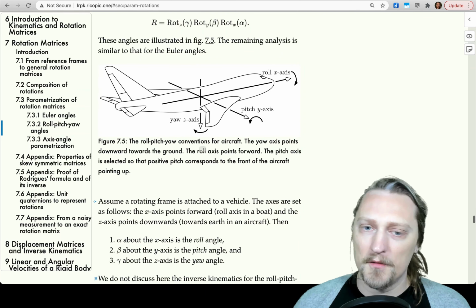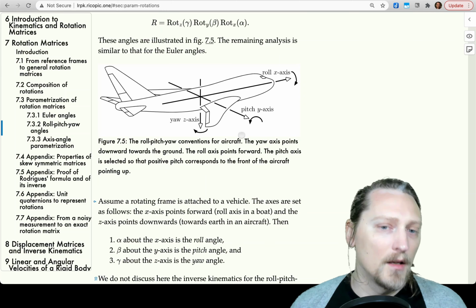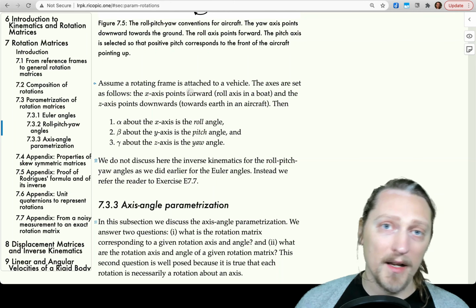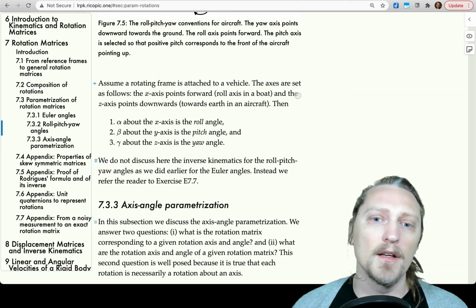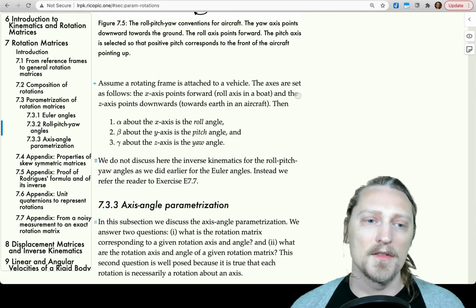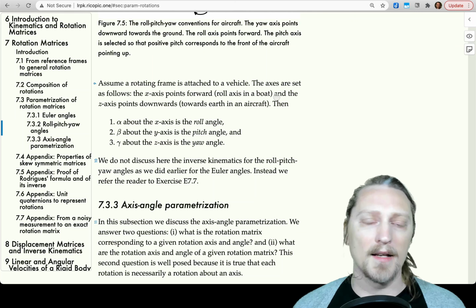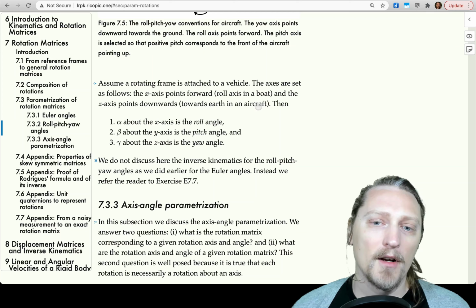Roll, pitch, yaw conventions for the aircraft are given here. We've already talked about roll, pitch, and yaw, so nothing surprising here. Assume a rotating frame, or a body fixed frame, or a successive frame is attached to a vehicle. The axes are set as follows. The x-axis points forward, the roll axis in a boat, and the z-axis points downward towards Earth in an aircraft.